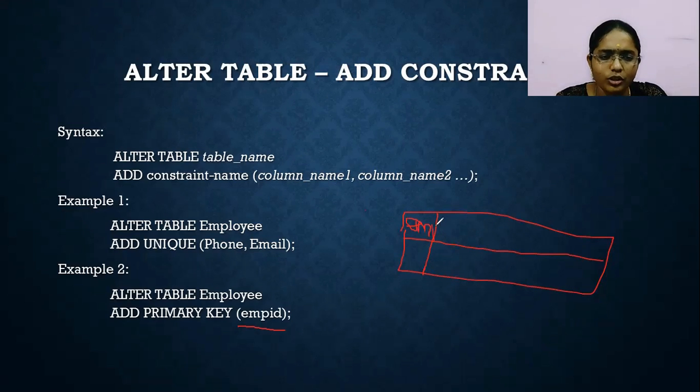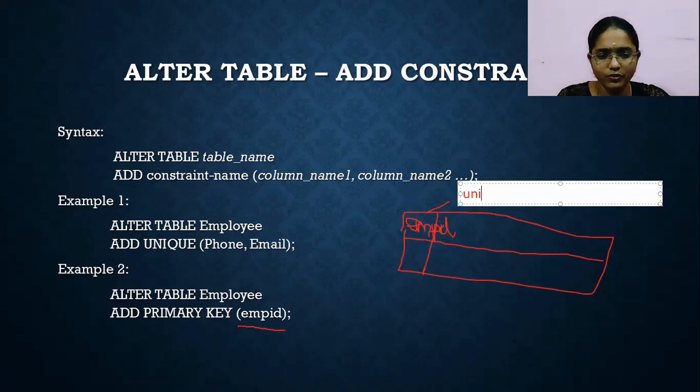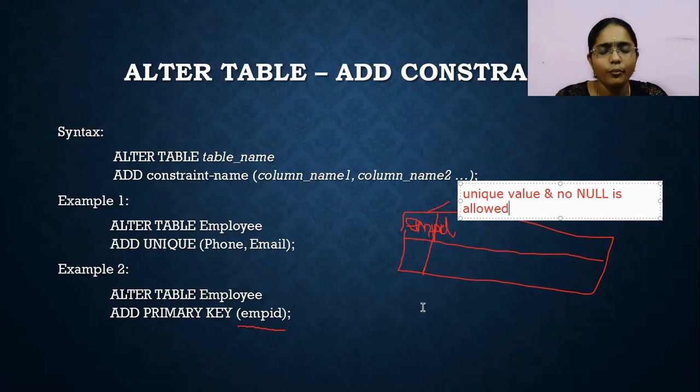Whatever column you're declaring as a primary key should have only unique values. The rules are that the particular column should have only unique values and no null values are allowed. These are the features of a primary key.